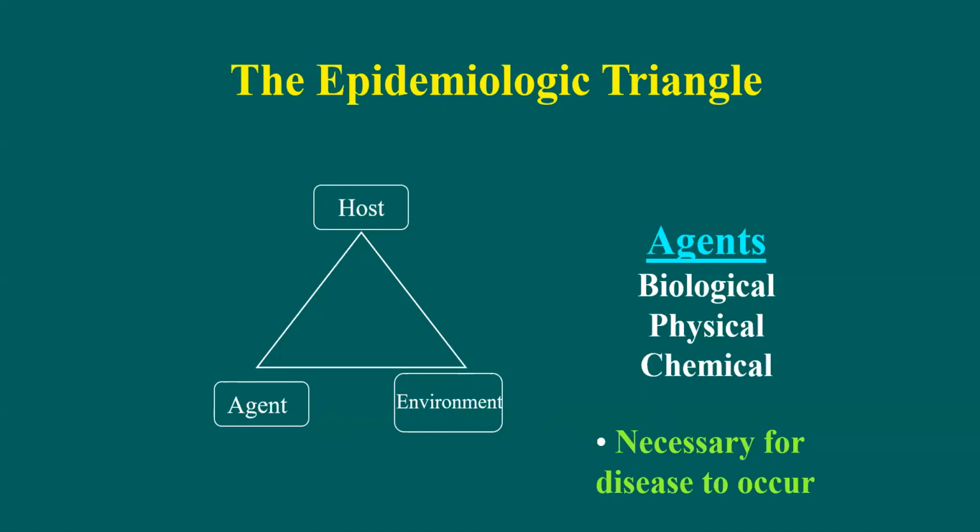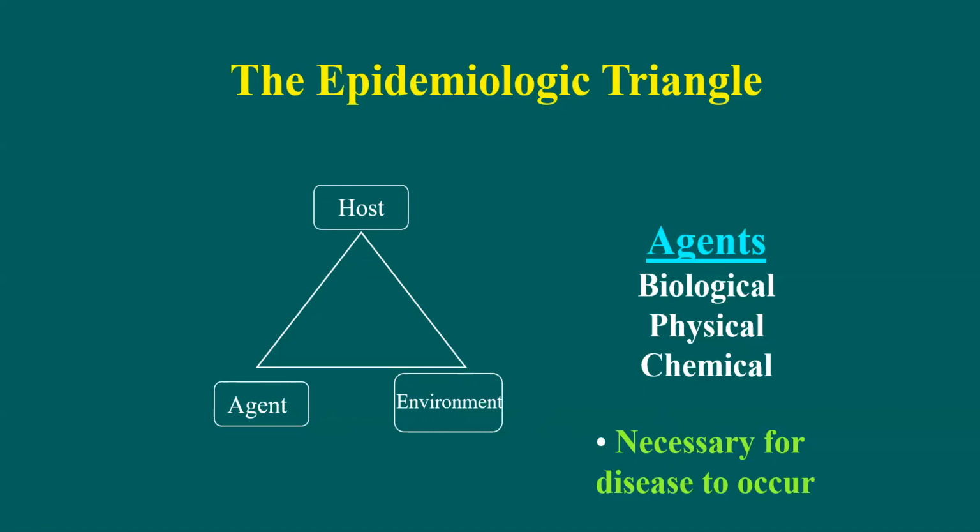These agents can be biological, physical, or chemical, and they are necessary for disease to occur. So for biological, these are our pathogens, from microbiology: the bacteria, the viruses, the protozoa, and all those things which can actually lead to disease.